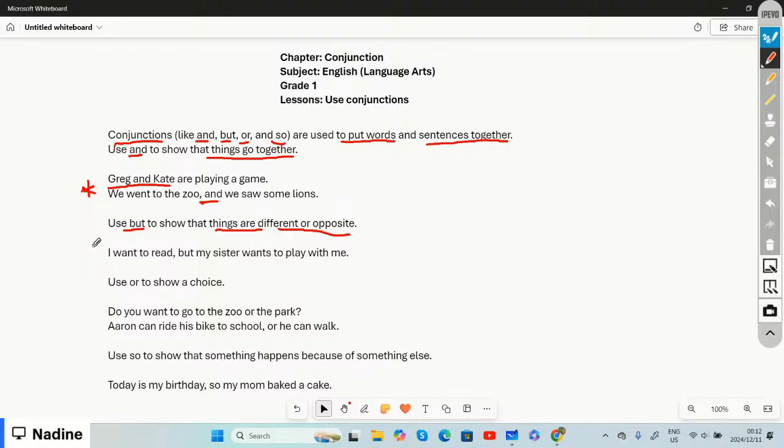If we look at an example of how we can use but within a sentence, we can say, I want to read, but my sister wants to play with me. Meaning, this is something that I want to do, but my sister is distracting me. So that basically shows the opposite. Something that I want to do, but my sister doesn't want me to do it.